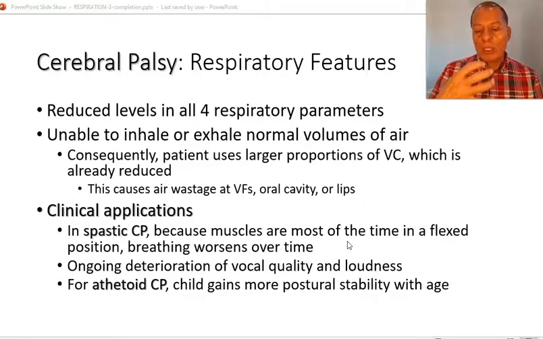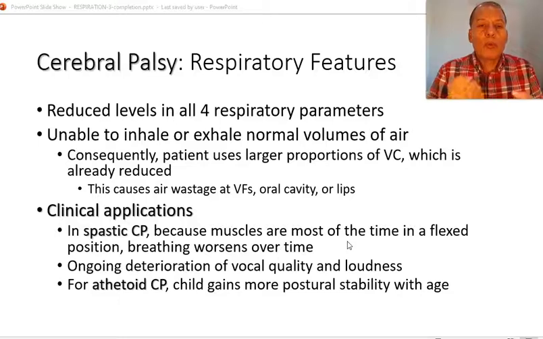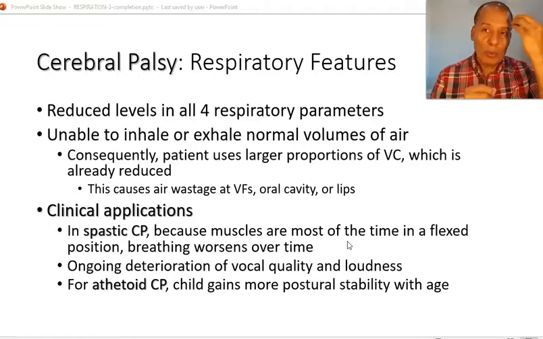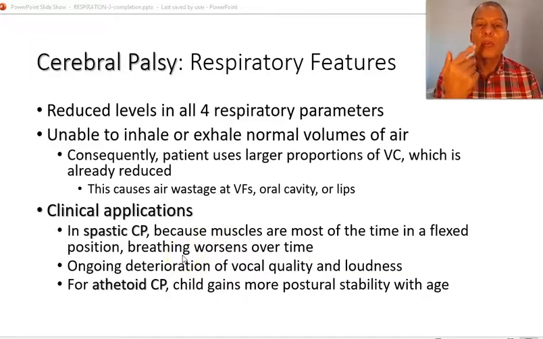So when these muscles are contracting and putting more force, that leads to expelling the air at a faster rate. That means the person is not going to have enough to sustain one complete thought or one complete sentence while speaking. So over time, breathing becomes progressively worse.